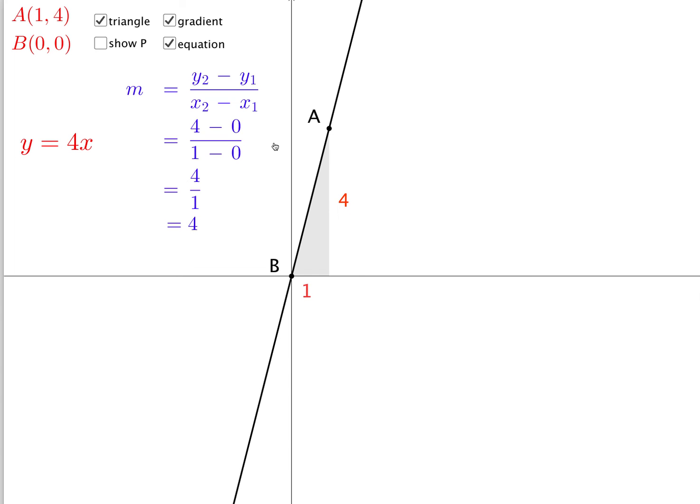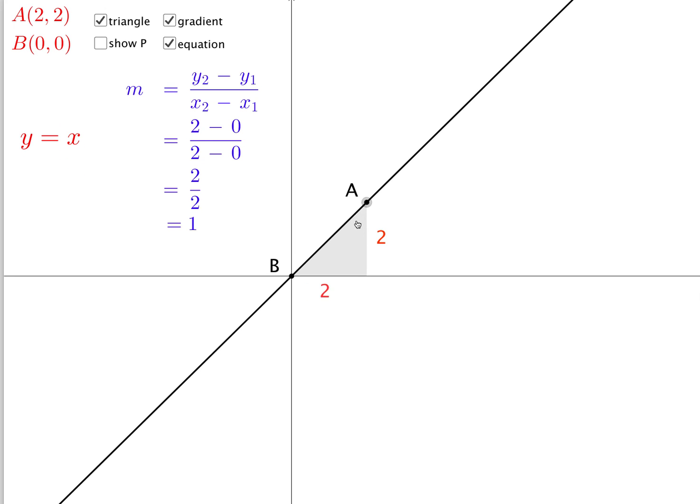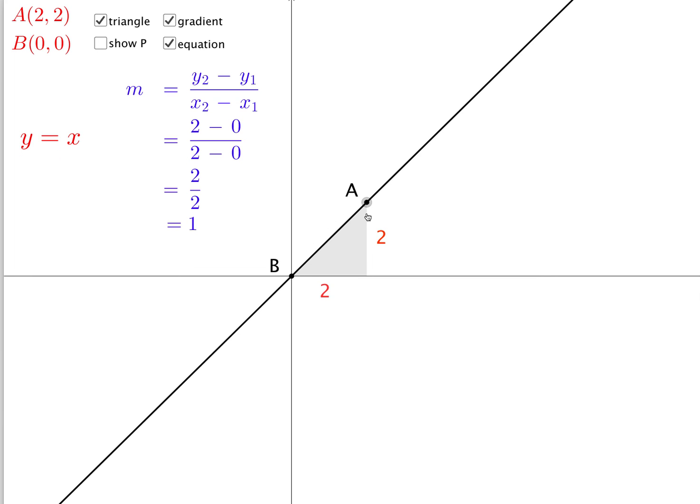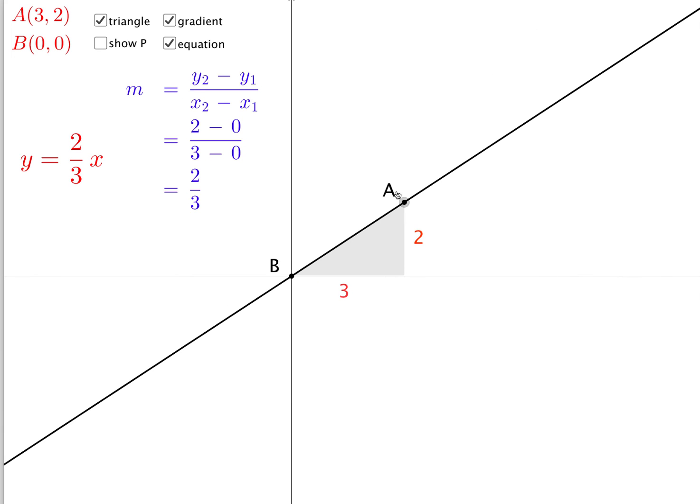Gradient 4 when it's y equals 4x. Here's gradient a half, 1 over 2. Y equals a half x. There's gradient 2/3, 2 over 3, and it's y equals 2/3 x.